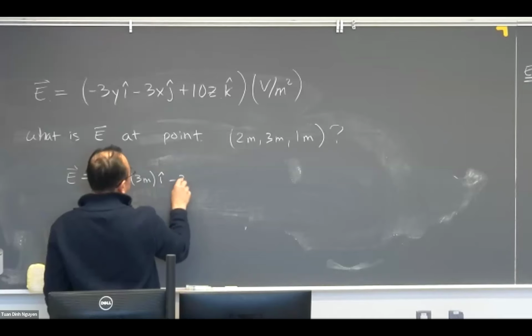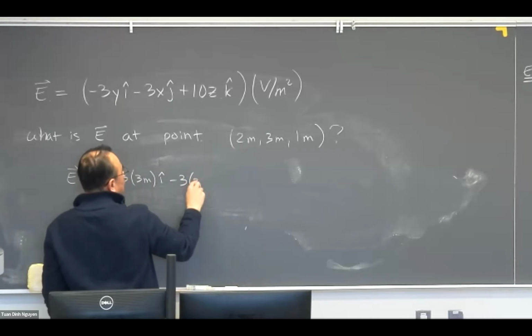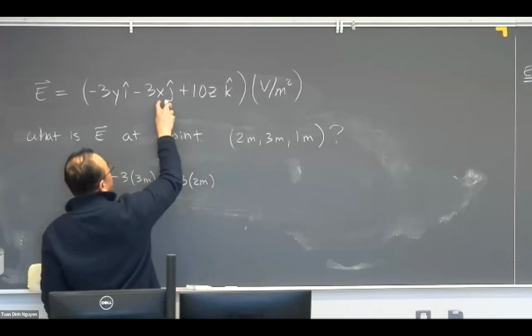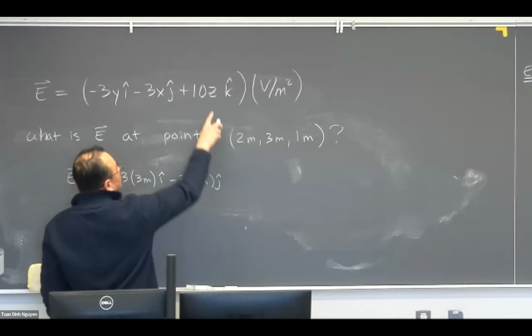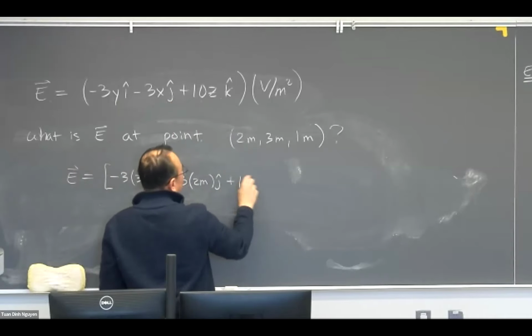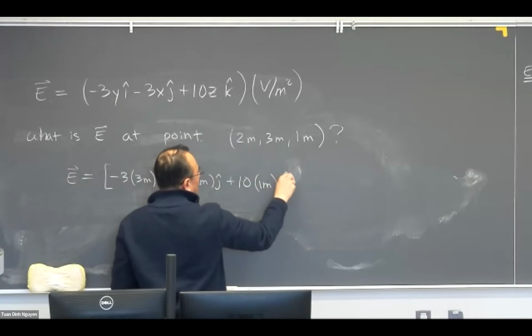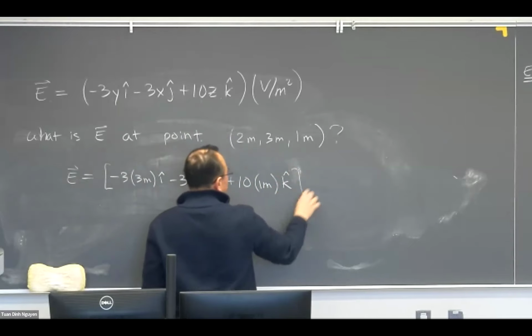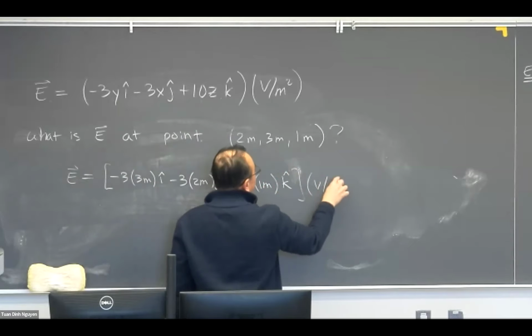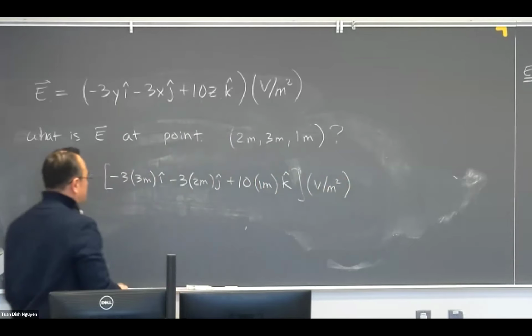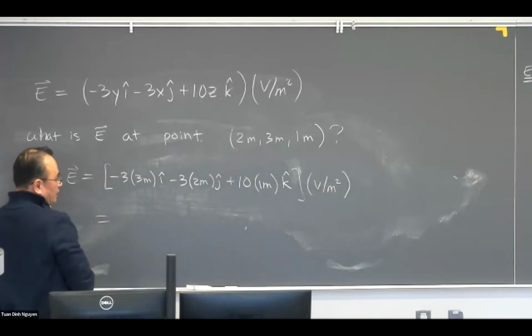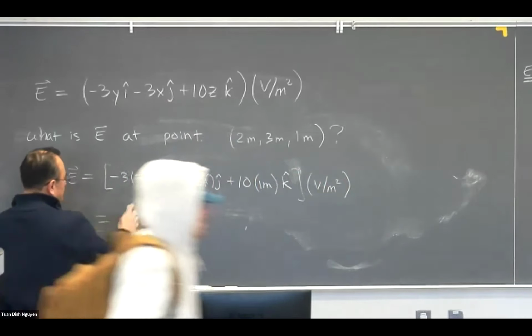This would be minus 3 times 2 meters, because that's what x is, j hat. And then last is plus 10, and z is 1 meter, k hat, volts per meter squared. And then you just multiply this out.